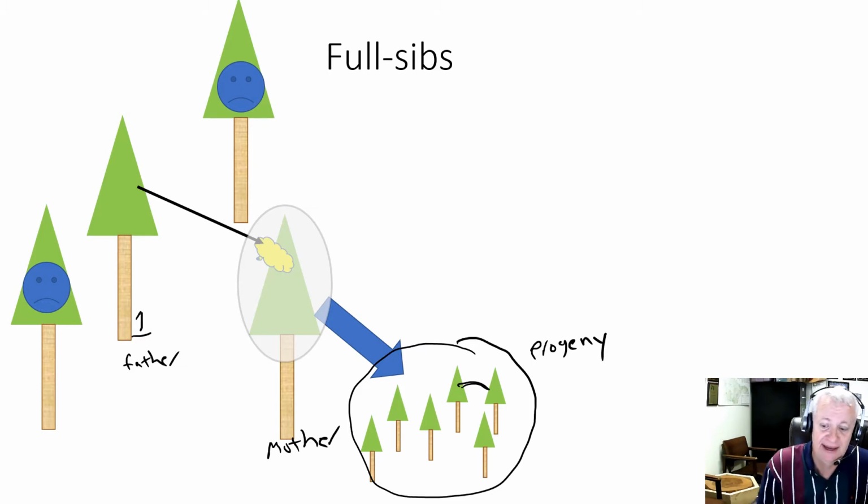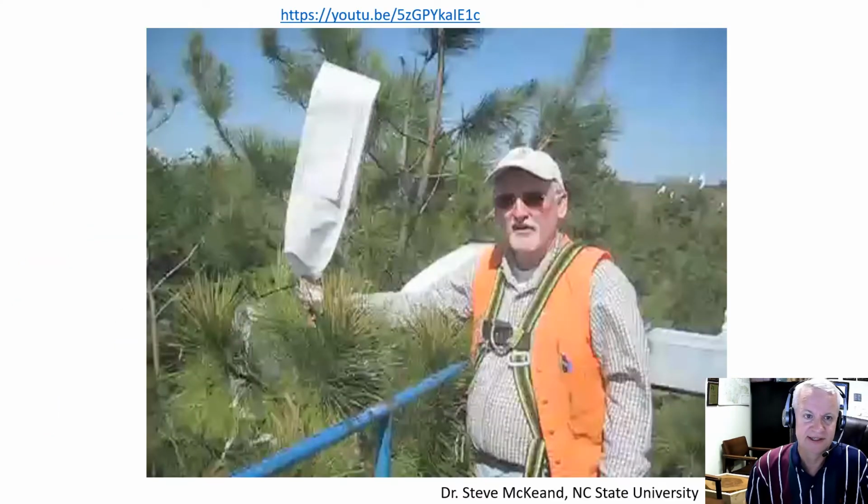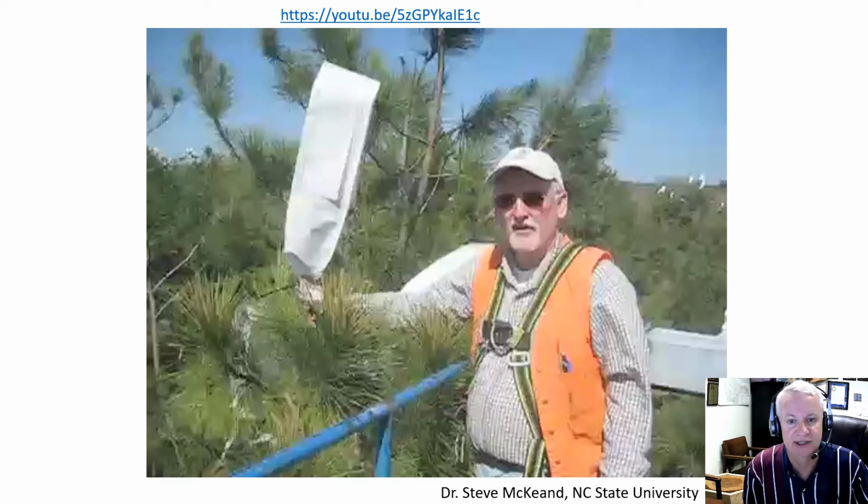So here's an example of how full-sib progeny are produced. This is Dr. Steve McKeon. He's retired now, but he was longtime director of the tree breeding cooperative at North Carolina State University, and he talks about creating full-sib crosses.